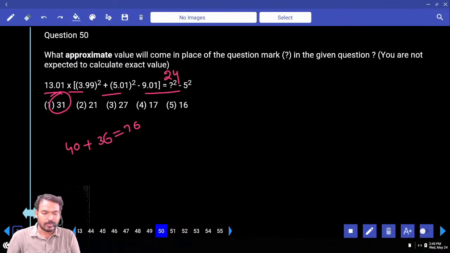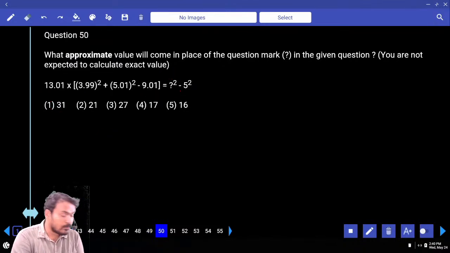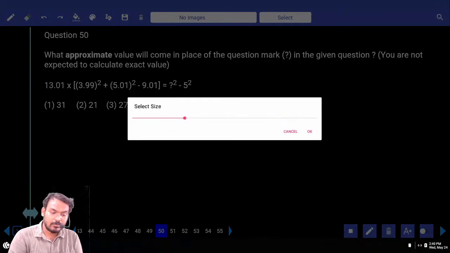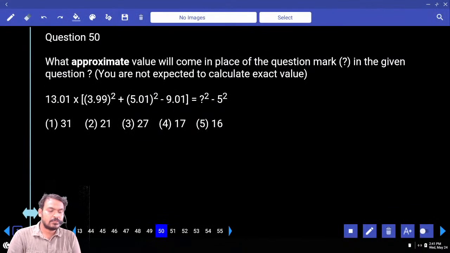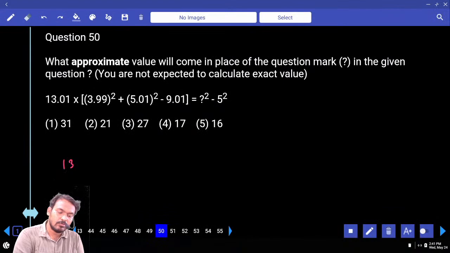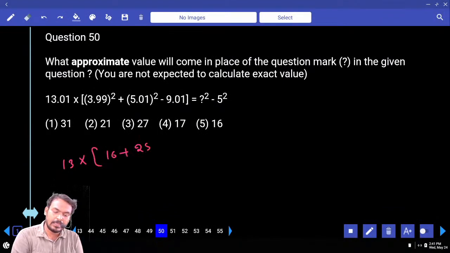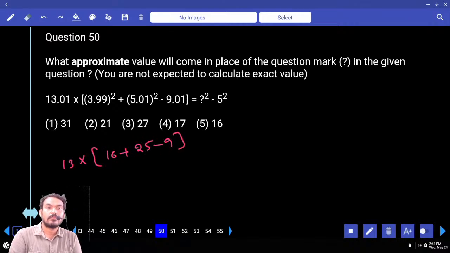Next question number 50. First term 13. Second term 16. 13 into 16 plus 25 minus 9 or not? Okay. 25 minus 9, 16. 16 plus 16, 32 into 13.